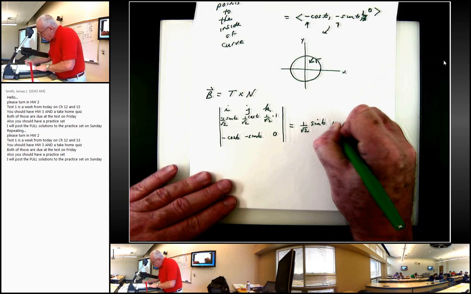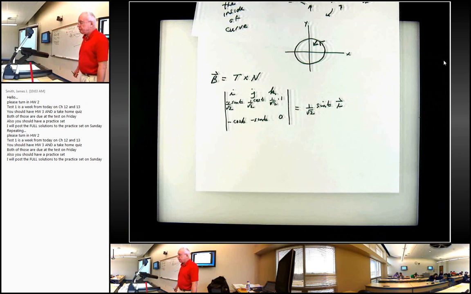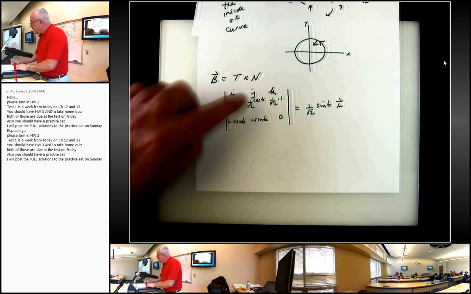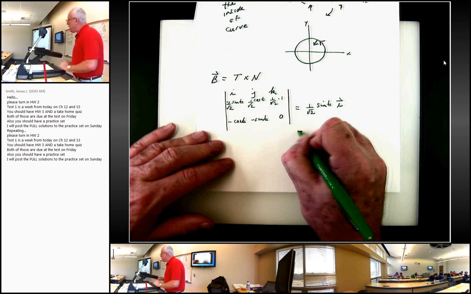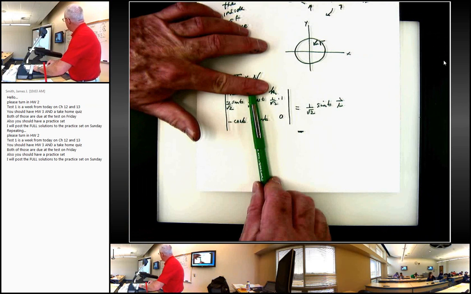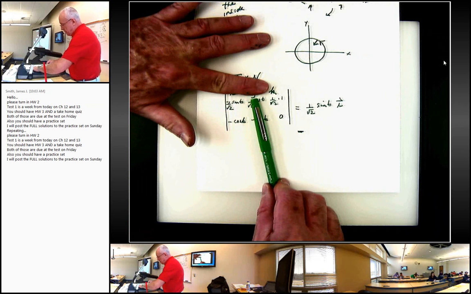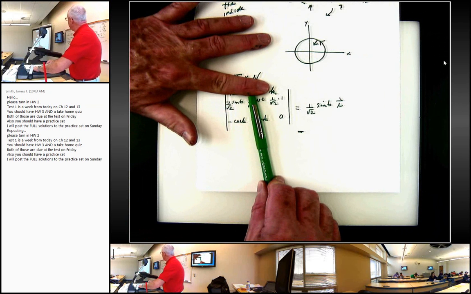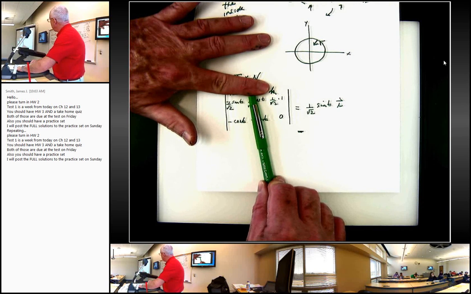That's going to be our i component. Now let's get the j component. We have to start out with a minus here, and we cross out our first row and middle column. Now we're going to get a 0 with the down diagonal, and then we have another double minus with the up diagonal, so that's going to be 1 over square root of 2 times the cosine.